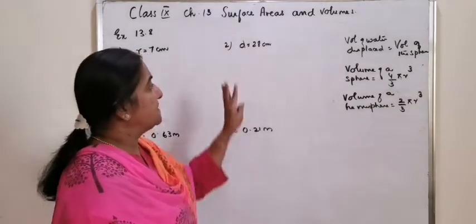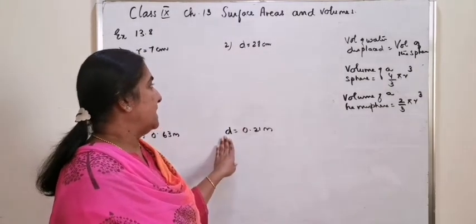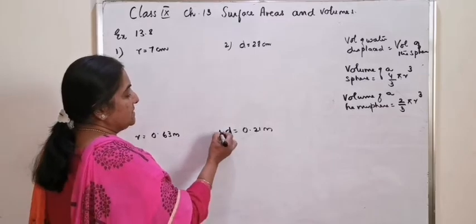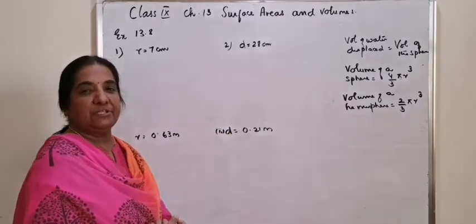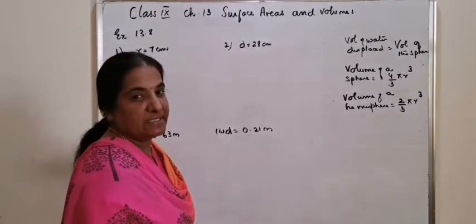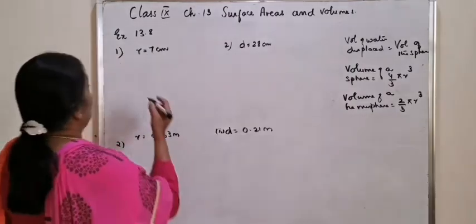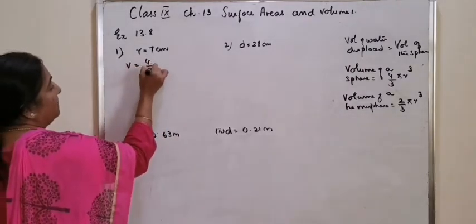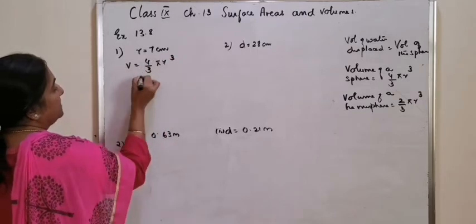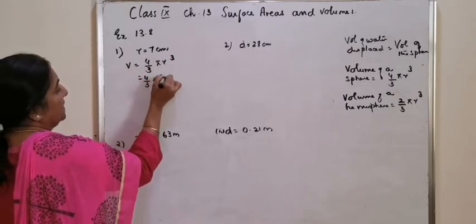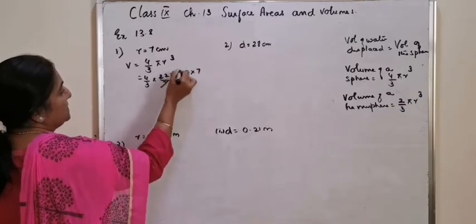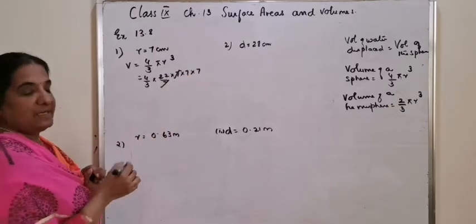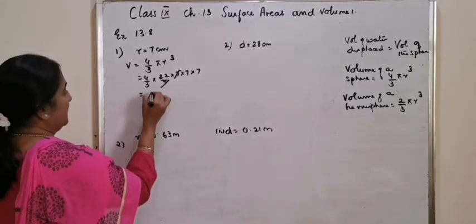Similarly, in one case the diameter is given as 28 and in the second case the diameter is given as 0.21 meter. So both are direct application of the formula and only simplification. So volume is equal to 4 by 3 pi r cubed, 4 by 3, 22 by 7, 7 into 7 into 7. It involves only multiplication and division.